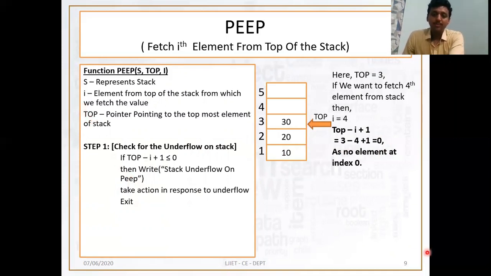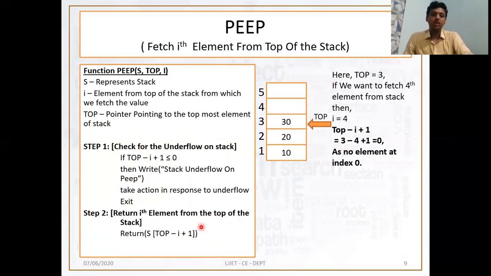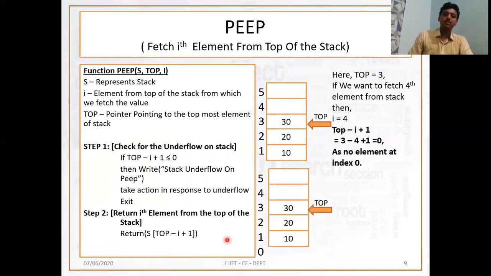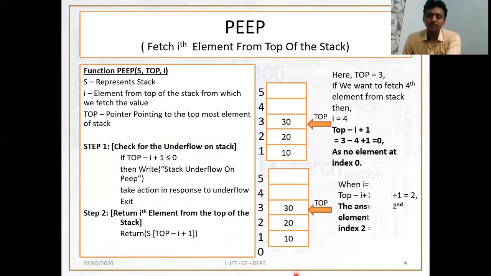If there is an element at this position, I just need to return that value. Return a[top minus i plus 1]. See again, when i is equal to 2, if I want to fetch the second element from the top of the stack, the top value is 30 and the second element from the top is 20.